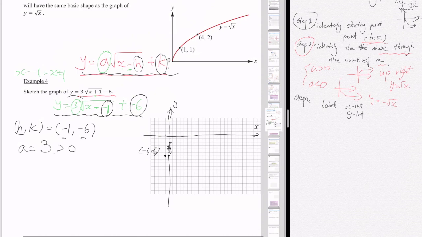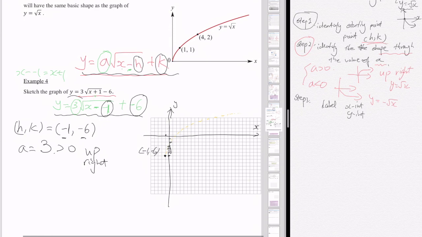Therefore my graph is going to go up and right. So what does it mean? I can draw roughly the graph going up and right. I know the shape should be roughly like this.